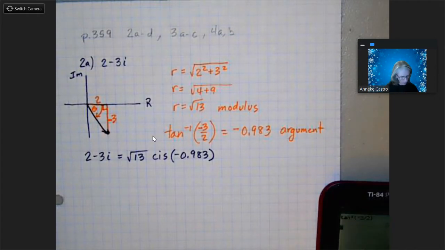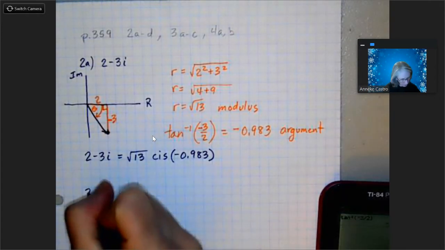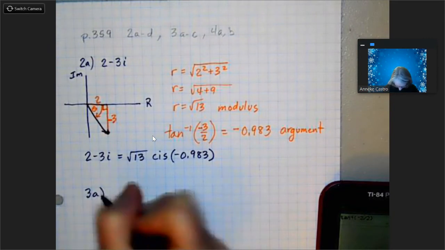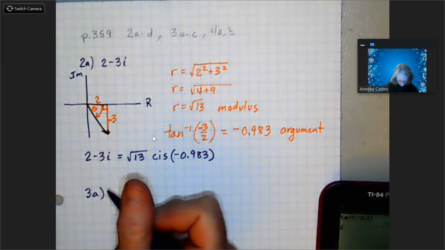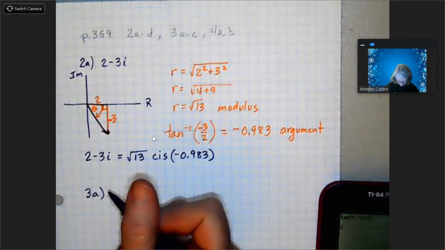All right, problem 3. Let's set up for problem 3A. It gives you, first of all, little information so that you don't have to grab your unit circle. It tells you that if you're looking for the tangent of pi over 6, that it's equal to 1 over the square root of 3, etc. Okay, then it says, hence, write the numbers in the form r cis theta.